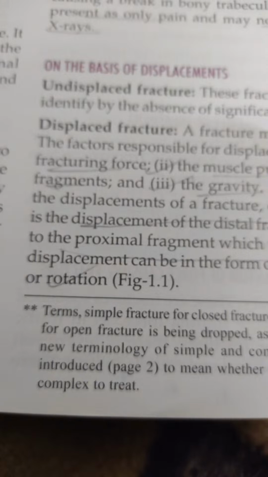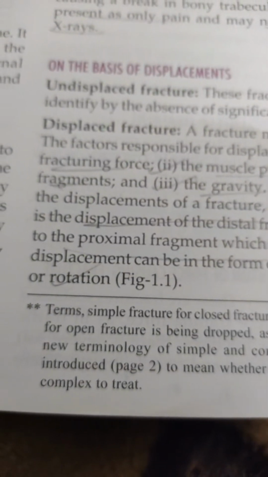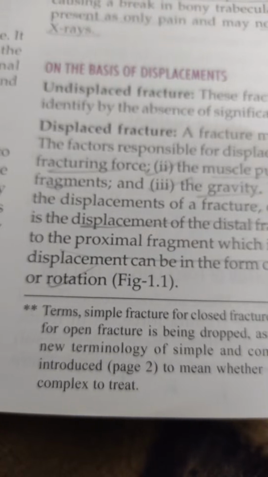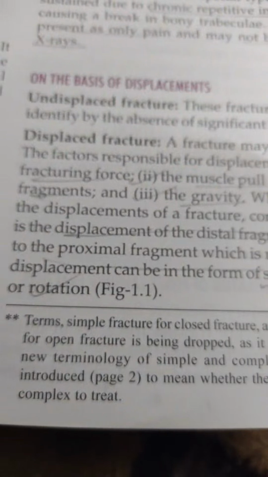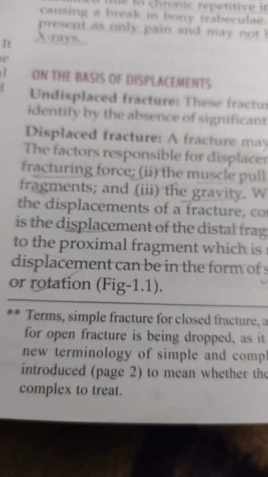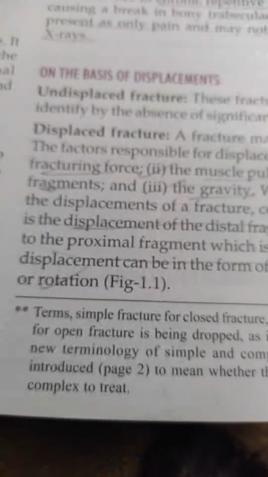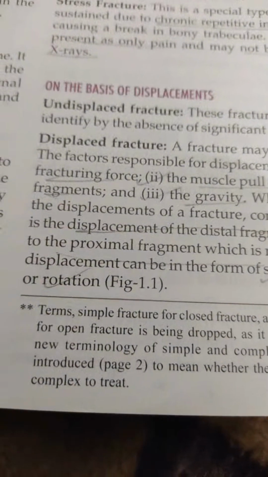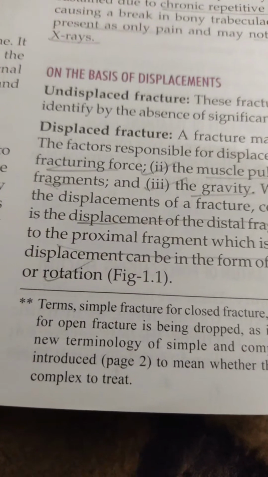While describing the displacement of a fracture, conventionally it is the displacement of the distal fragment in relation to the proximal fragment which is mentioned. The displacement can be in the form of shift, angulation, or rotation.